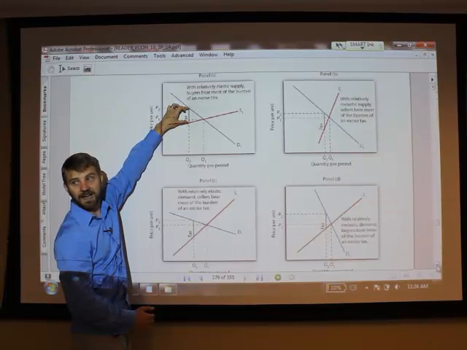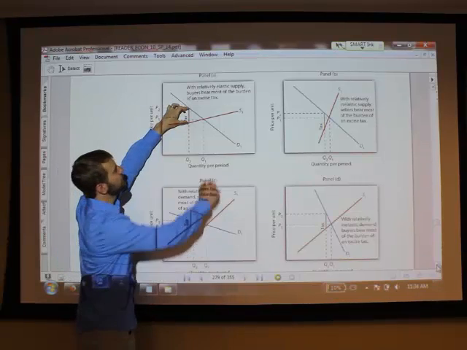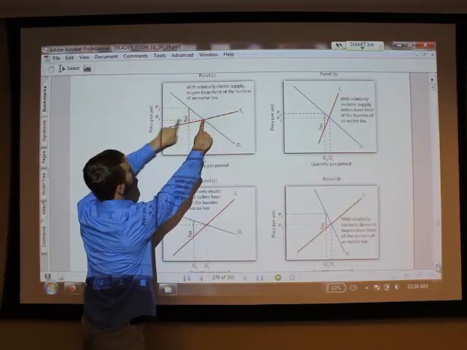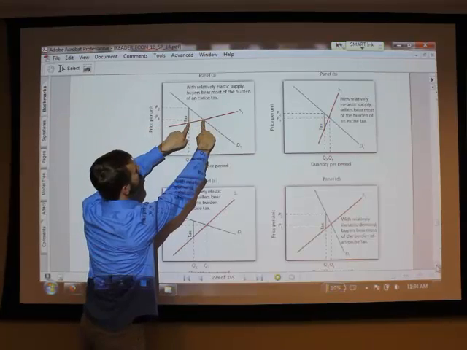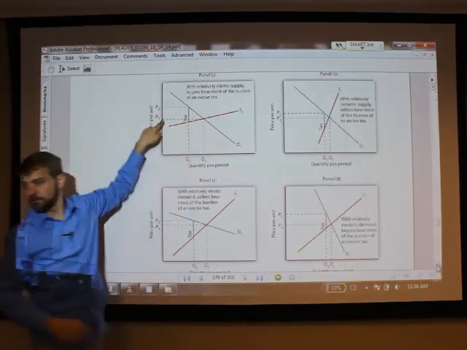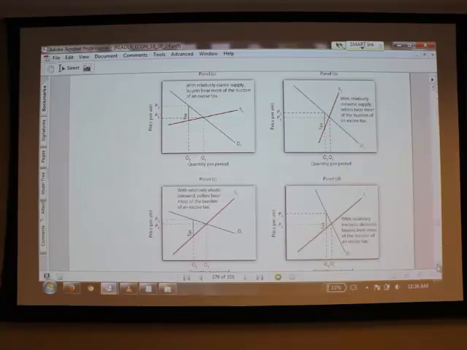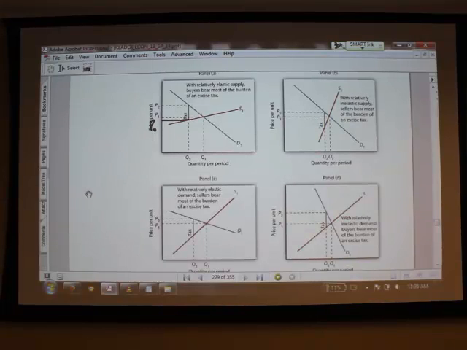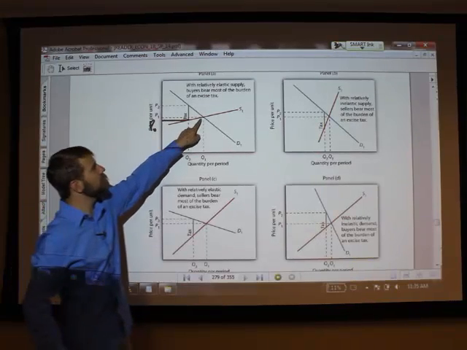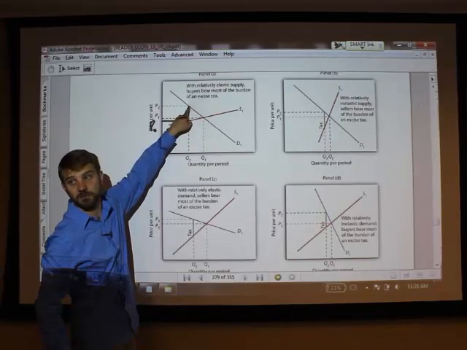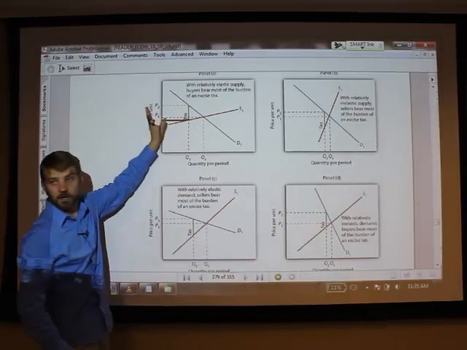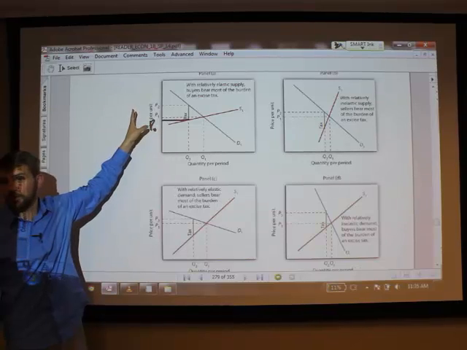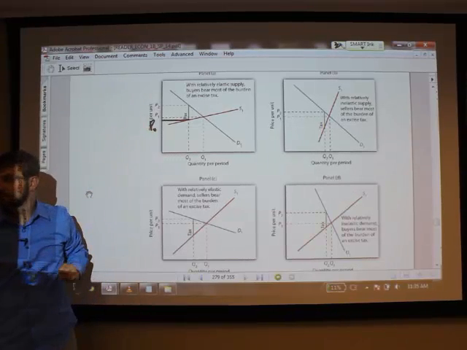Does it fall by a lot or a little? Only a little. The sellers were receiving P1, now they're receiving a little bit less than it. Maybe P0. But what about buyers? Well, they're paying a lot more because they were paying P1, but now they're paying P2. And so here we say that the buyers bear the burden of the tax.